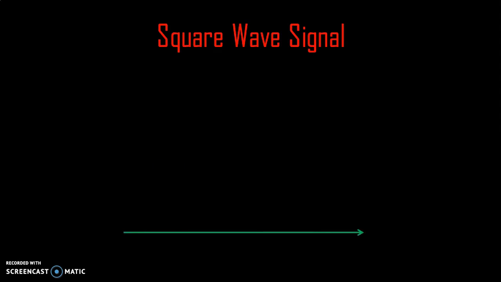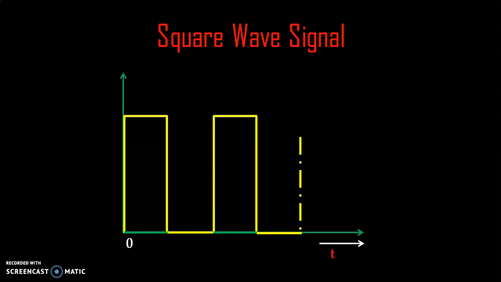Square wave signal. Magnitude is equal to A. We have on time and off time, that is indicated as T1 and T2. In this case, T1 is equal to T2, that is why the square wave is symmetrical type.